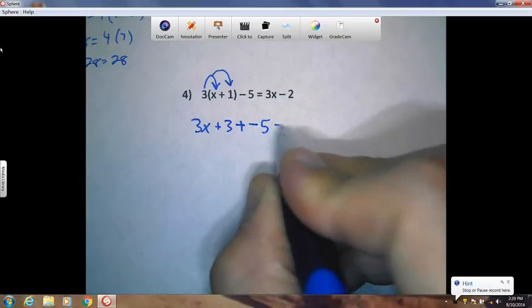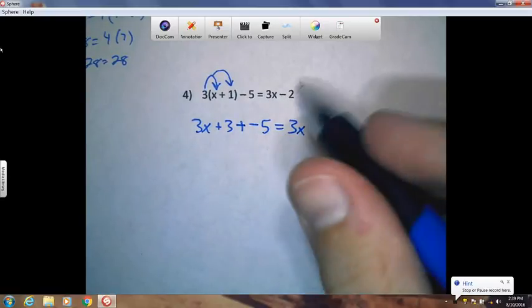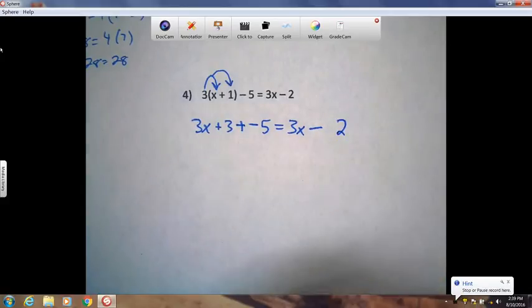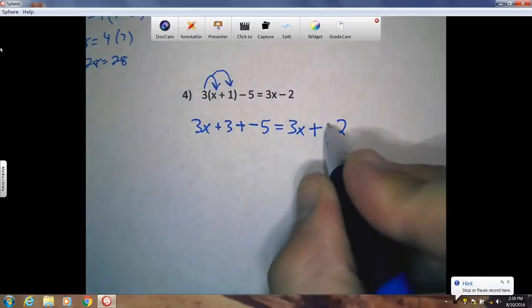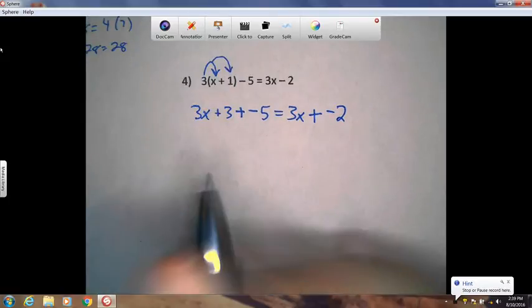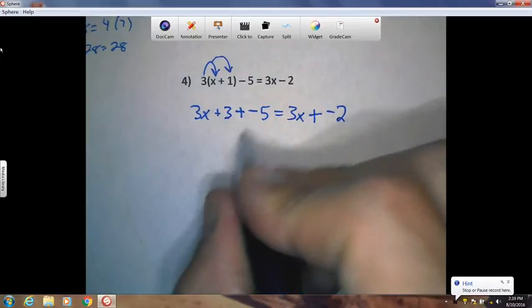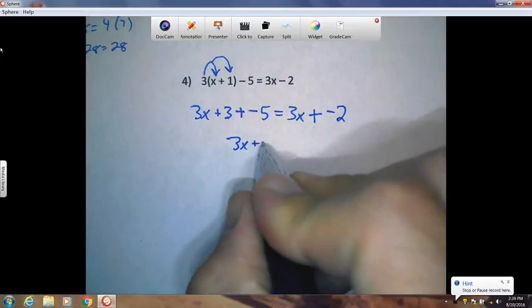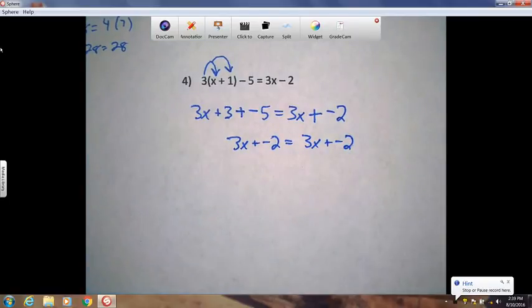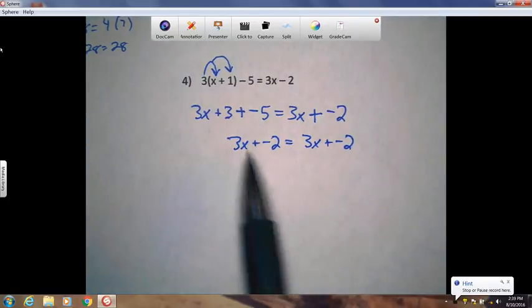And it was minus 2, but I'm going to make 2 marks plus a negative 2. So now I need to simplify. 3 plus a negative 5 is negative 2. And now I can see that on both sides of my equation I have the exact same thing.